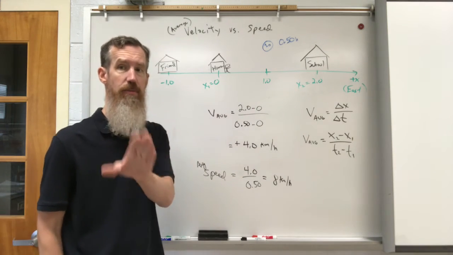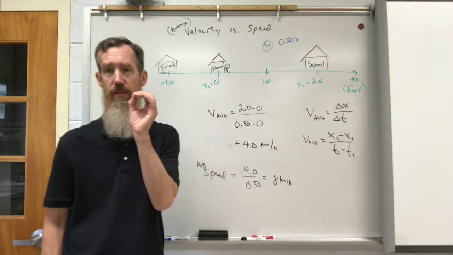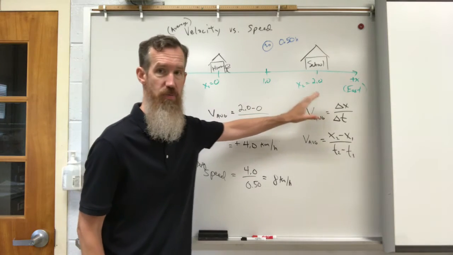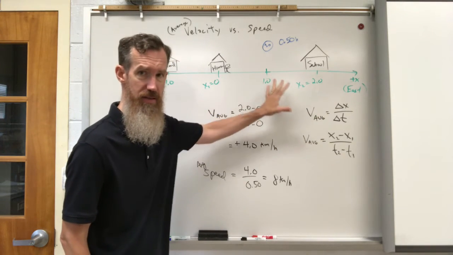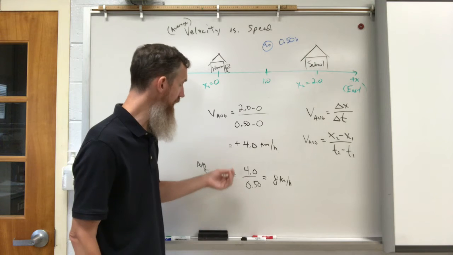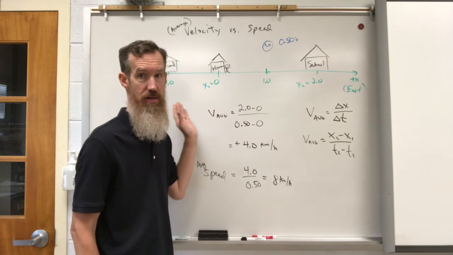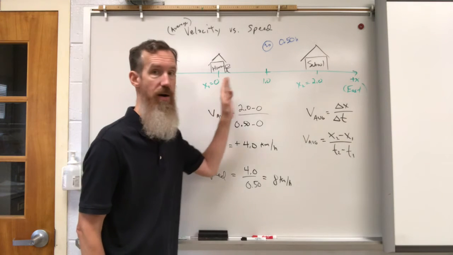So be careful when you're looking at problems. Are they asking for average velocity from start to finish? We don't care what happens along the way. We don't care about the pathway. Or are they asking about average speed? The pathway is very important between start and finish.